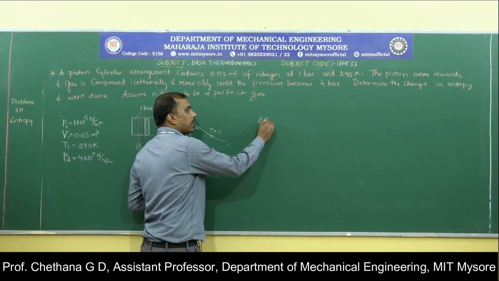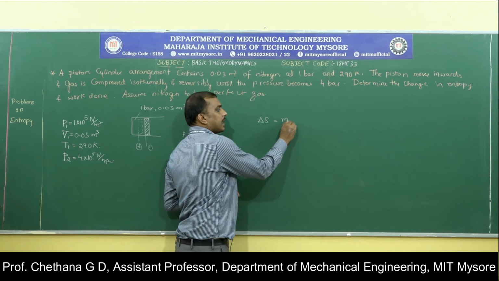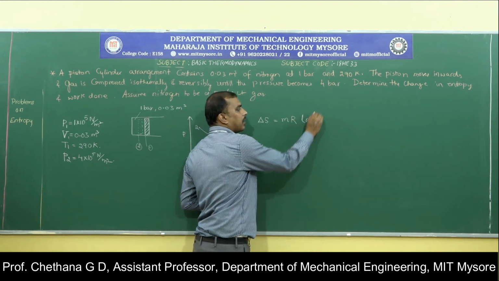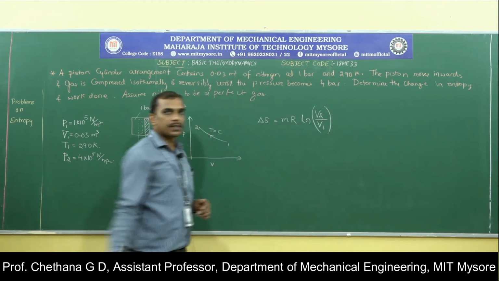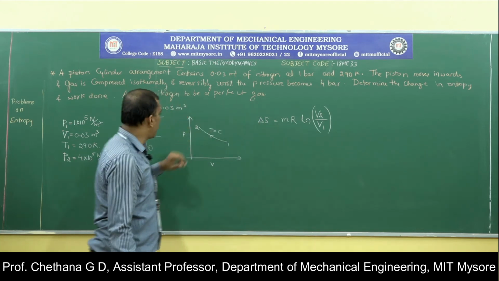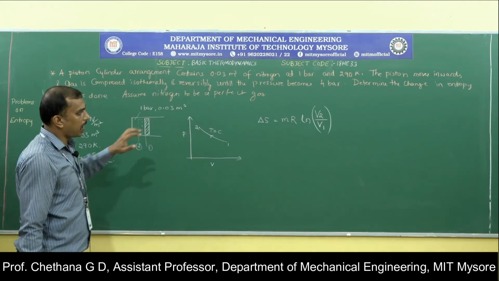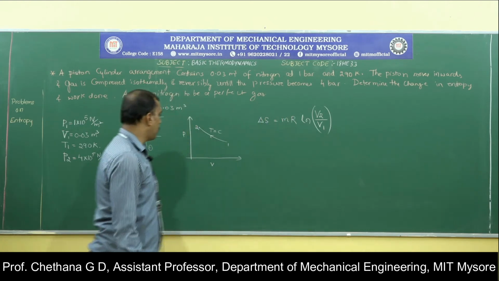Change in entropy for an isothermal process we should know, that is m R ln of V2 by V1. This is known to us, this we have derived for each ideal process. So change in entropy can be given by m R ln of V2 by V1.